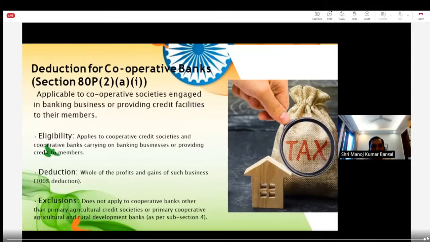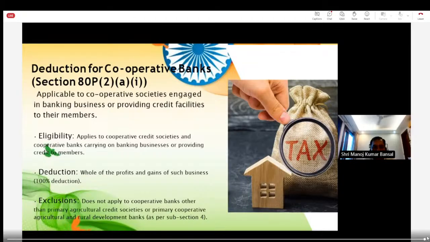Deduction for cooperative banks, section ATP2A1. The section is applicable to cooperative societies engaged in banking business or providing credit facilities to their members. It applies to cooperative credit societies and cooperative banks carrying on banking business or providing credit to members.